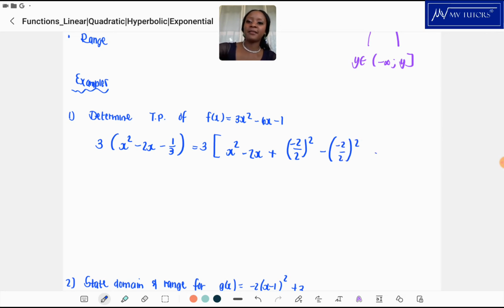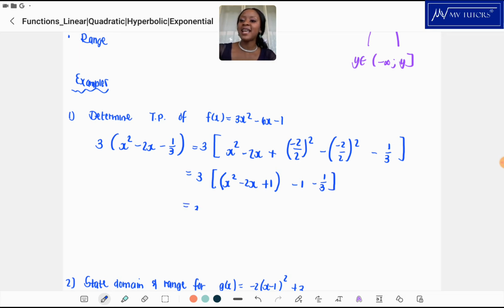And then I have my value of c there, which is a third. Okay? So now let us continue. I have x squared minus 2x, and then minus 2 divided by 2, that's negative 1, squared, that's just positive 1, and then I have negative 1 there, and I have negative 1 over 3.